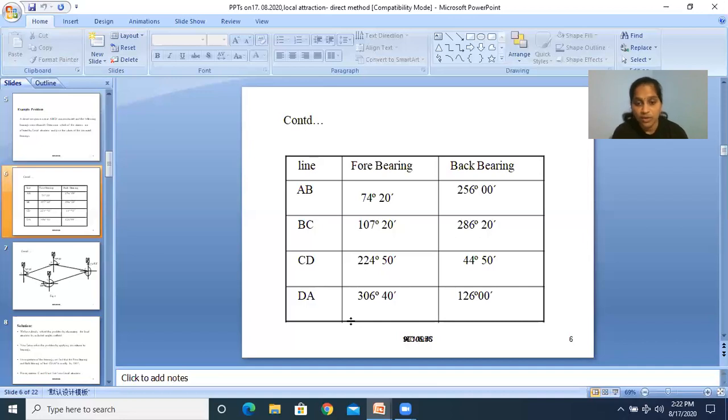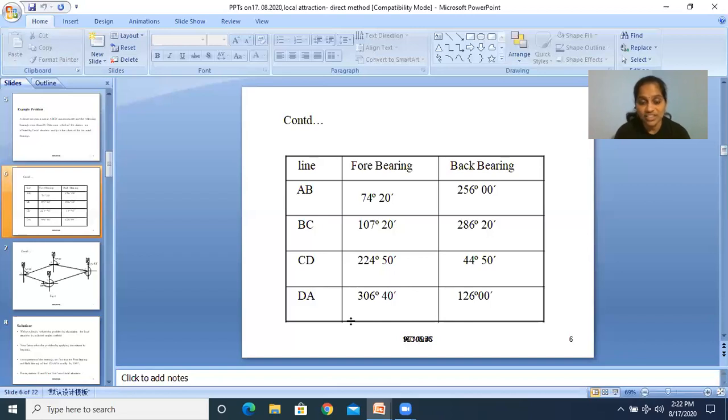Yeah. So only CD forebearing and back bearings are exactly differ by 180 degrees. That means the stations C and D are free from local attraction. Likewise, we have to detect the stations which are free from local attraction.